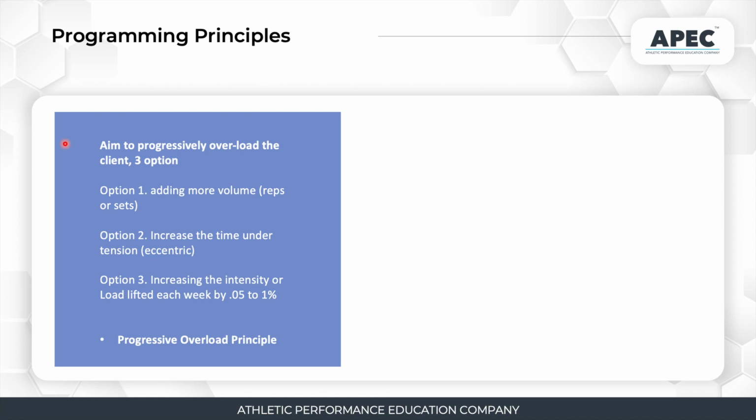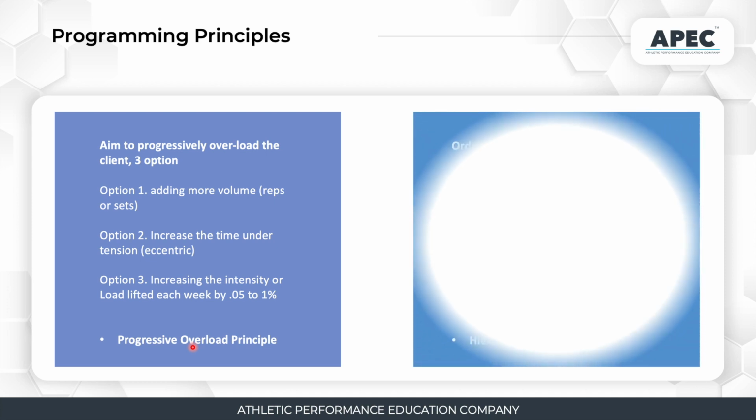Option 2 is increasing time under tension, and we need to focus on increasing the time under tension, especially in the eccentric component of the movement, as this is where the biggest stress is placed on the muscle in terms of the hypertrophic response. And then finally, option 3 is we need to increase the intensity or the load lifted each week. And a good metric to do that is to go by 0.5 to 1% increase on the load every week. And once we follow these principles, we are adhering to the progressive overload principle.